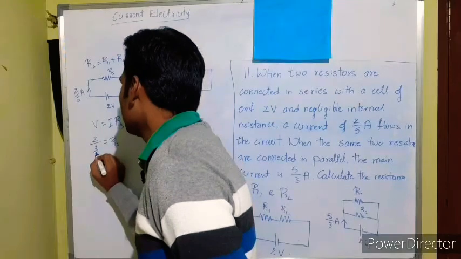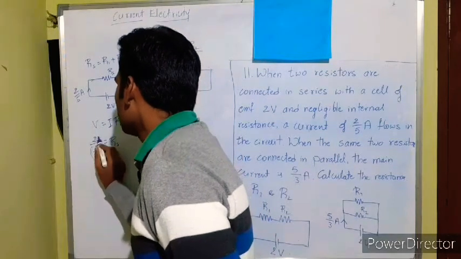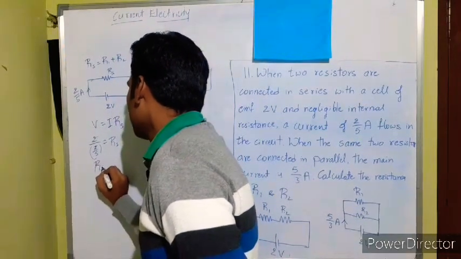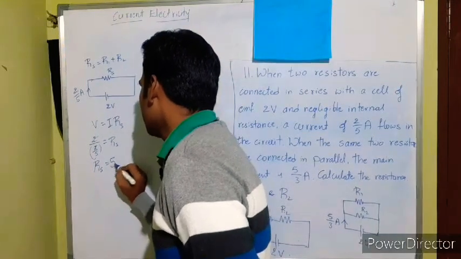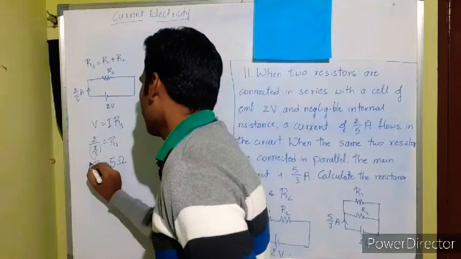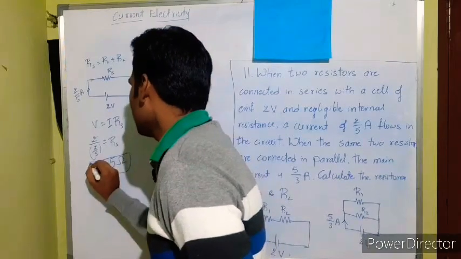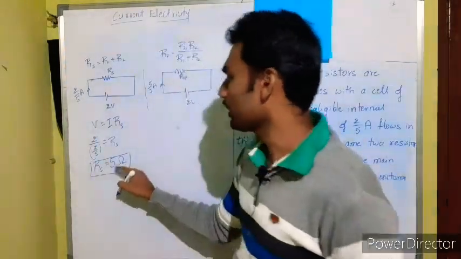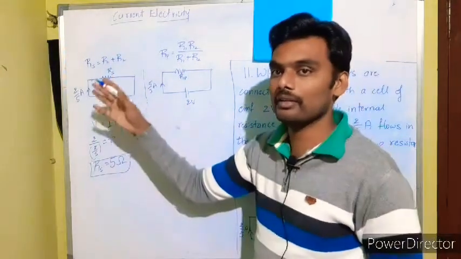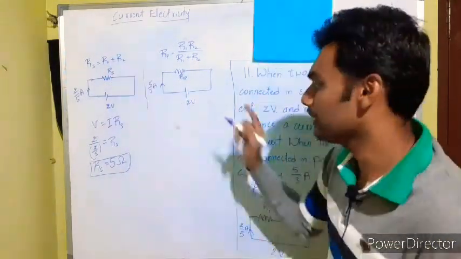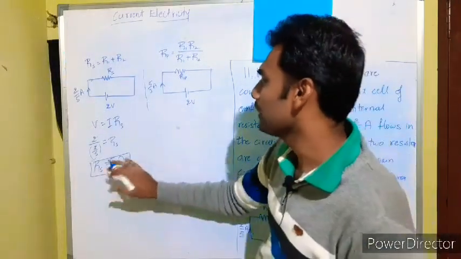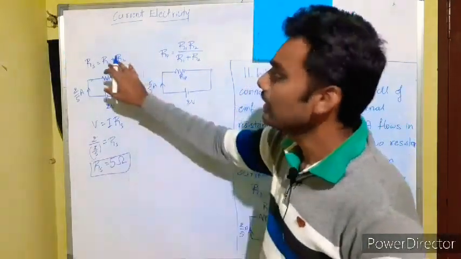I is 2 by 5 ampere. 2 and 2 cancel, and hence we have Rs is equal to 5 comes to the numerator, 5 ohm. So this is one important result, but not the final answer. The final answer is R1 and R2. This is an important intermediate result which will help us in getting the values of R1 and R2.